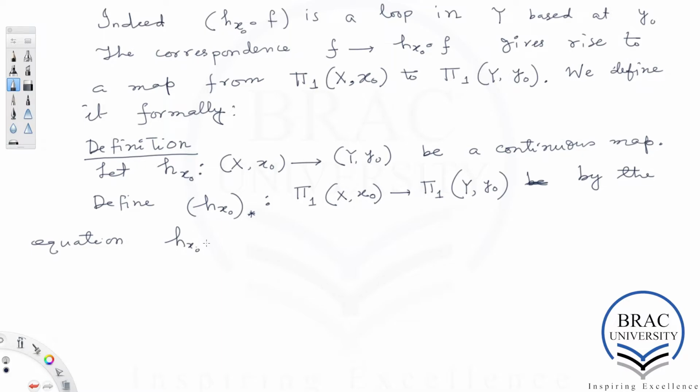h sub x0 star acting on this homotopic class of loops in big X based at x0 is equal to this class of loops in Y based at y0.